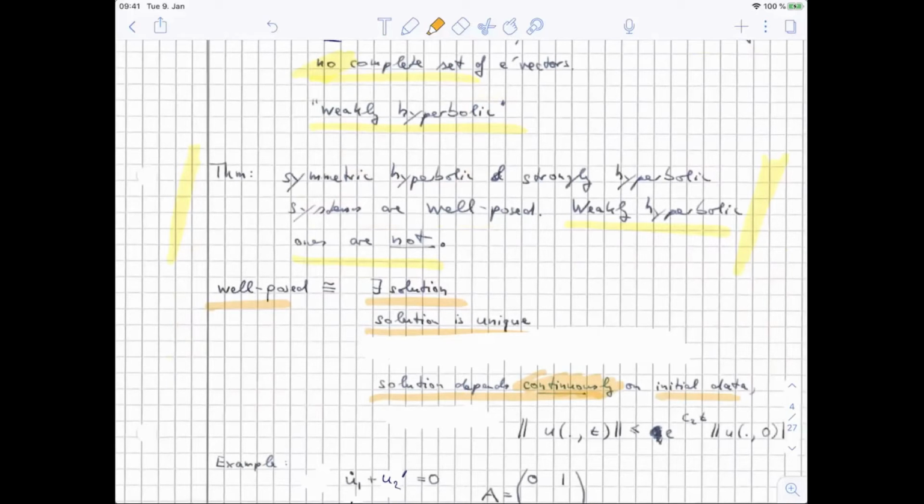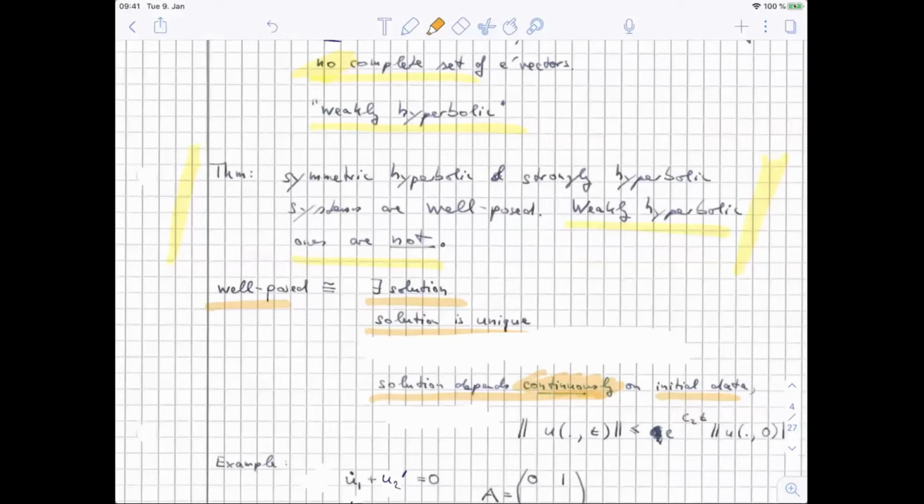The continuous dependence on the initial data is important because you want a small change in initial data, because of measurement uncertainties, for instance, to only lead to a small change in the subsequent evolved solution.